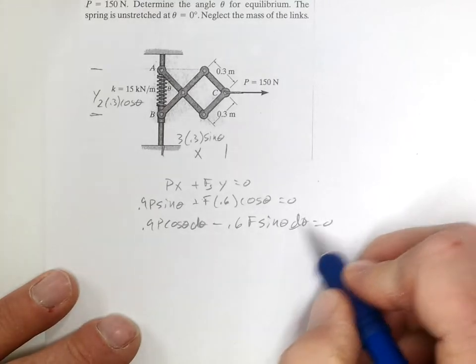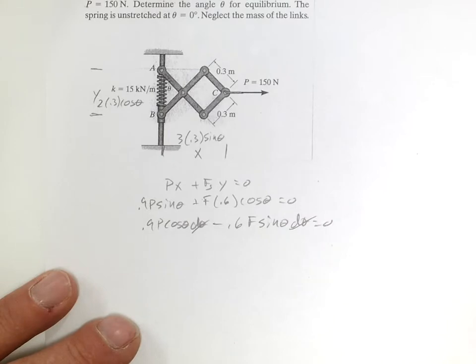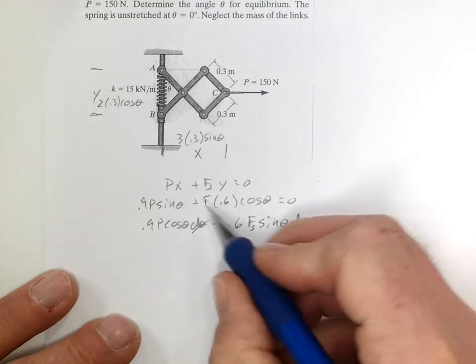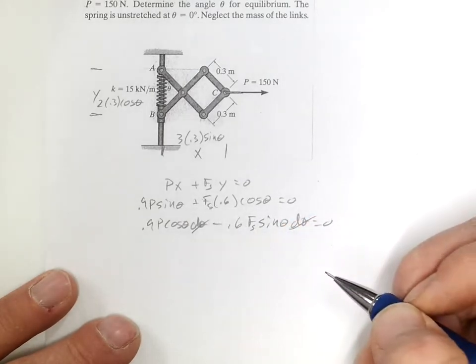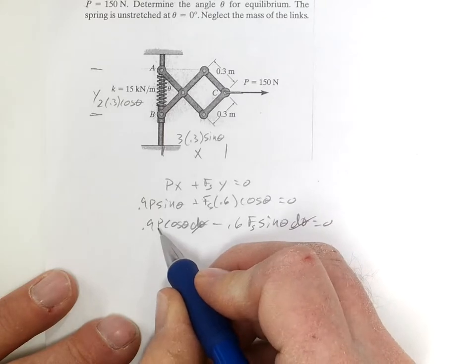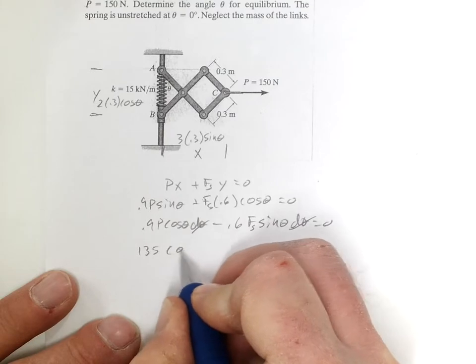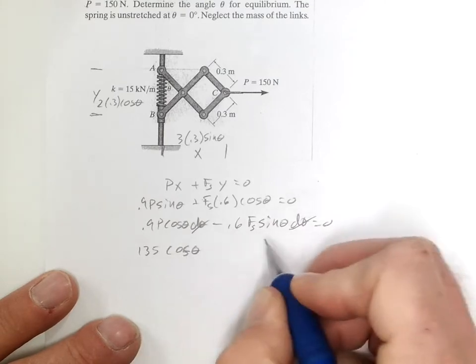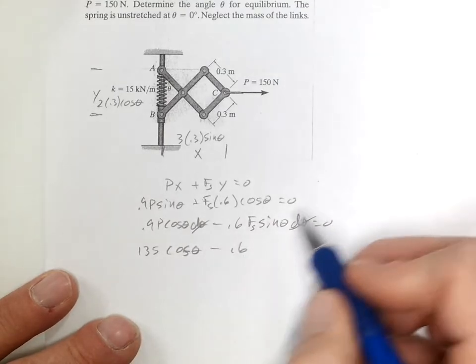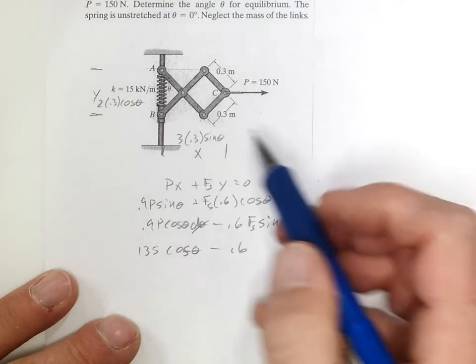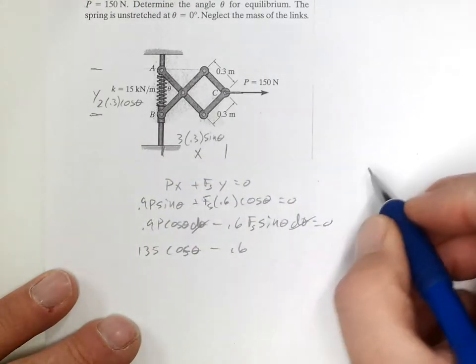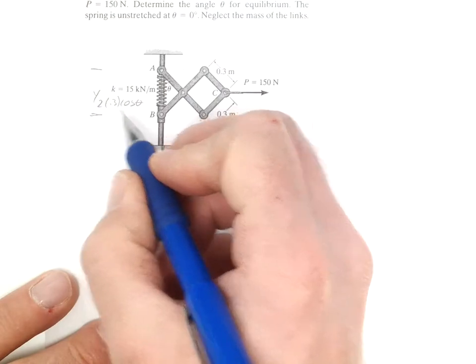So d thetas cancel. Now we need Fs here, and we can put 150 in for P. So if we put 150 in for P, we get 135 cosine theta minus 0.6. Now Fs is going to be force of spring, force times the distance s.